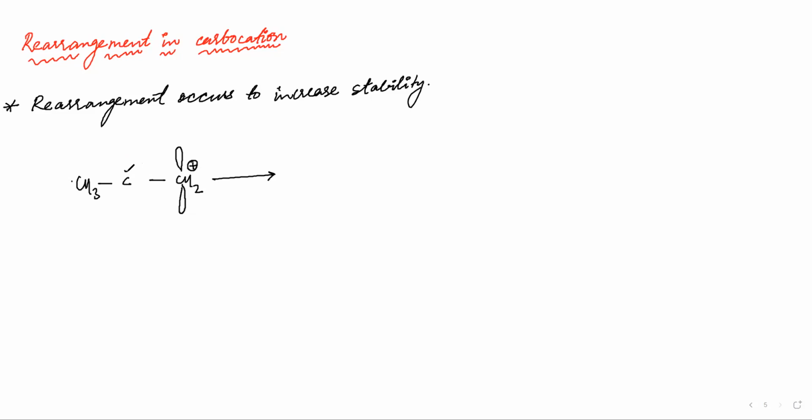I can write carbon, and there are two hydrogens, H and H. This is the sp3 of carbon, and this is the s orbital of hydrogen, correct? Now this has electron density here. This positive charge pulls some electron, because it is positive and electrons are negative.